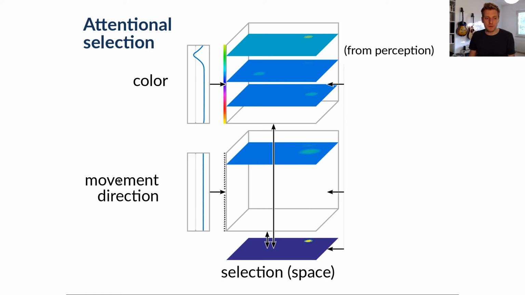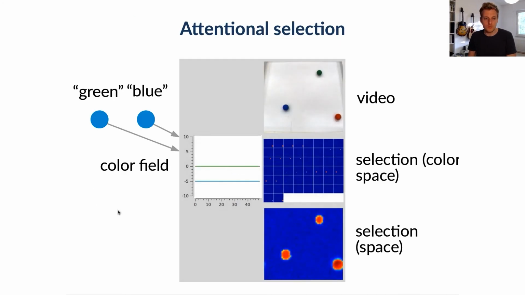The same mechanism you can do with the movement direction field here, and highlight objects, for instance, that are moving leftward. Here's a video of what that looks like. This is the one-dimensional field, which will get input from green and blue in a second. This is the perceptual input. This is the three-dimensional field. And now we can see this input at green highlights certain layers here for green. This is like a sheet of green, and this highlights the spatial position of the green object here.